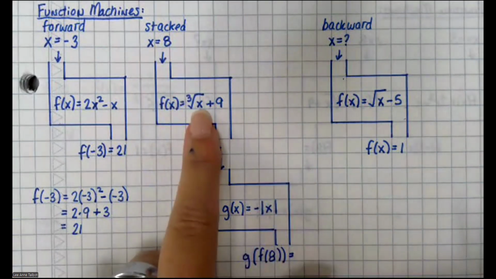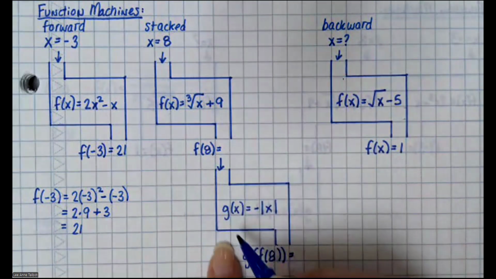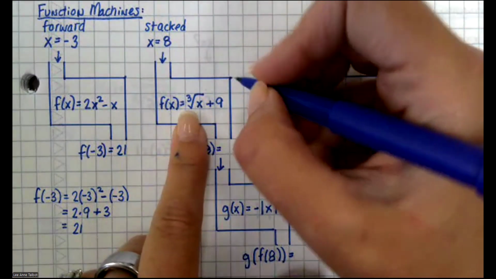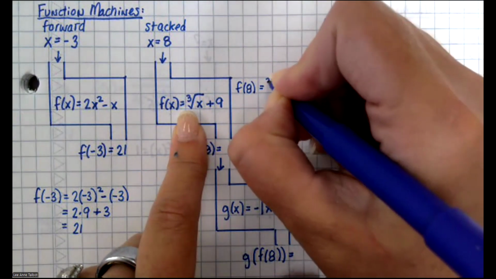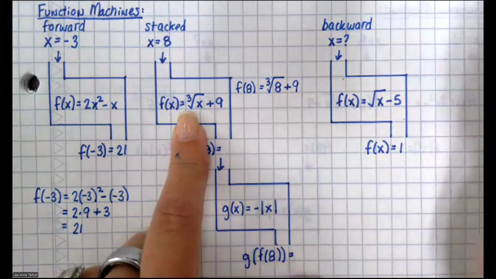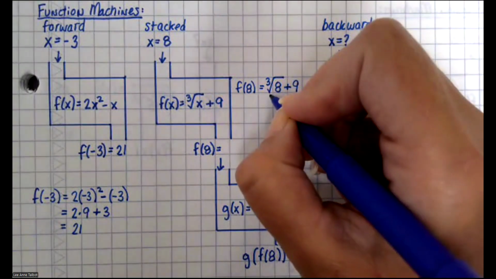So that means that we're going to put it in the first one, and then our output's going to drop into the next one. Okay, so I'm going to do this over here. So f of 8 equals the cube root of 8 plus 9. What is the cube root of 8?